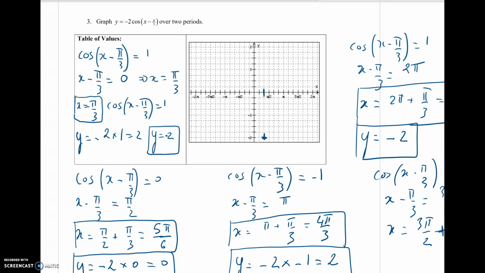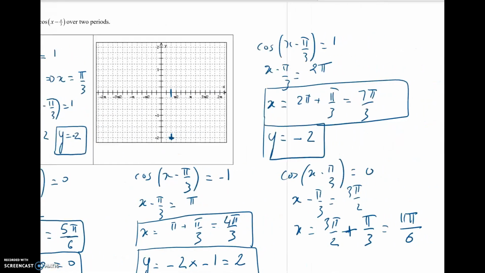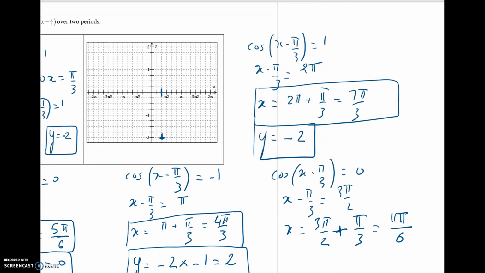When x equals 7 pi over 3, I'm also supposed to be at negative 2. So 1 pi over 3 is right here, 2 pi over 3, 3 pi over 3, 4 pi over 3, 5 pi over 3, 6 pi over 3, 7 pi over 3, it's probably right there, so I can fairly say that I have a negative 2 right here.